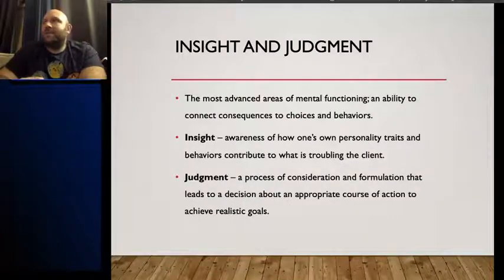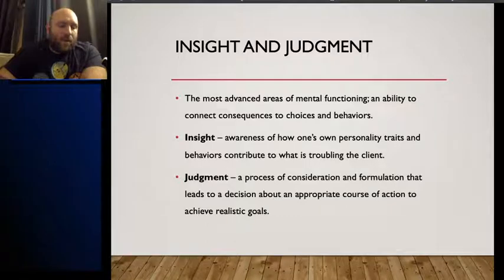Insight and judgment. The easiest way of thinking about insight and judgment is think of it as maturity, right? So this is very dependent on the person's level of maturity. Insight, awareness of how their own personality traits and behavior contribute to situations, and judgment.